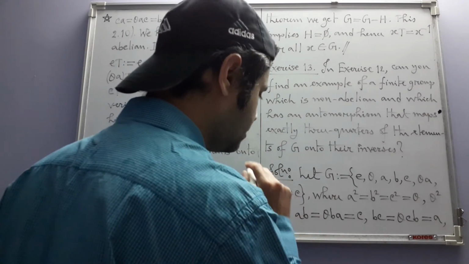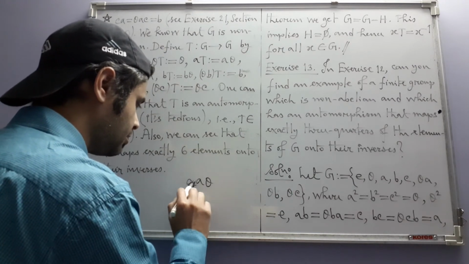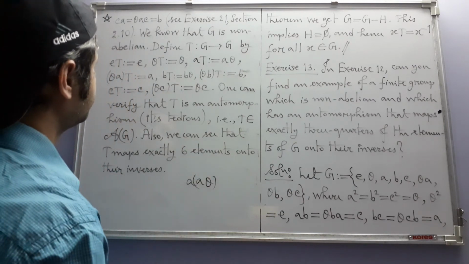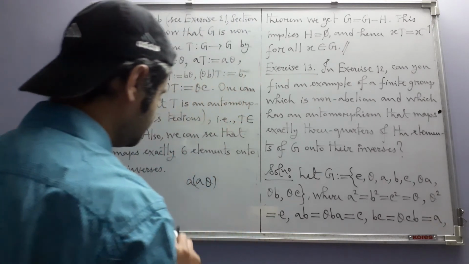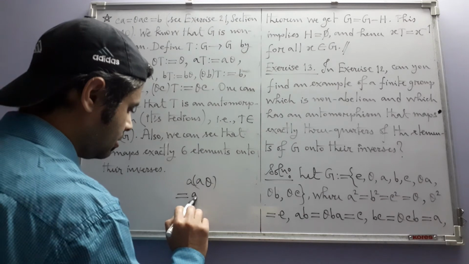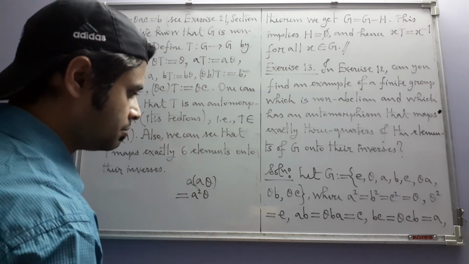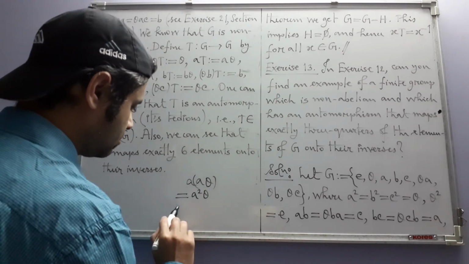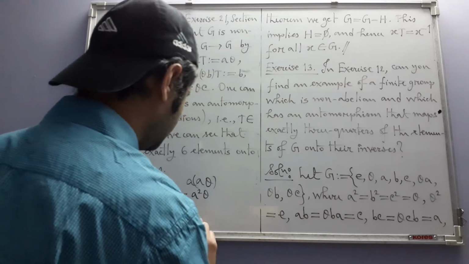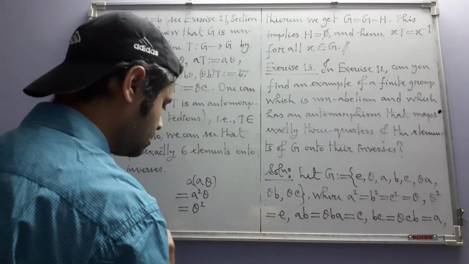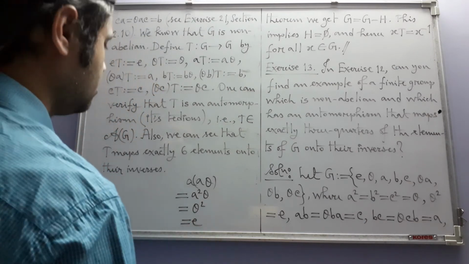What do we get when we take the product of A and A theta? Let's just see for a moment. When we take the product of A and A theta, then we get A square theta. Now A square is theta, so that means we get theta square and theta square is E. Yes, so this is true.